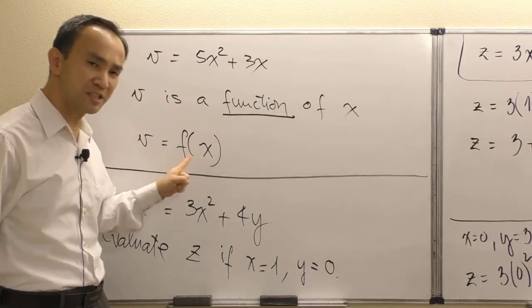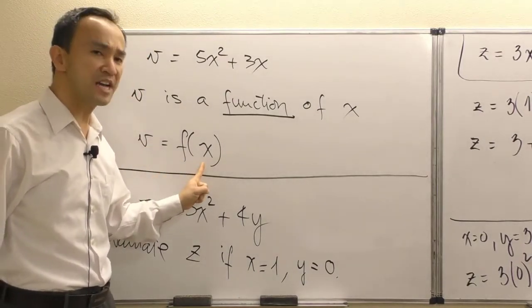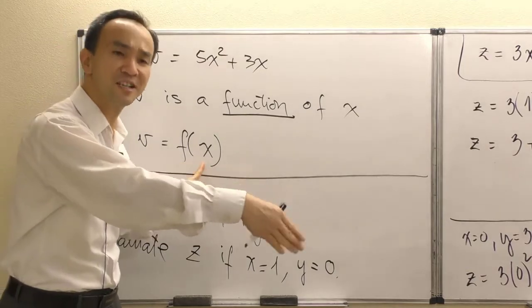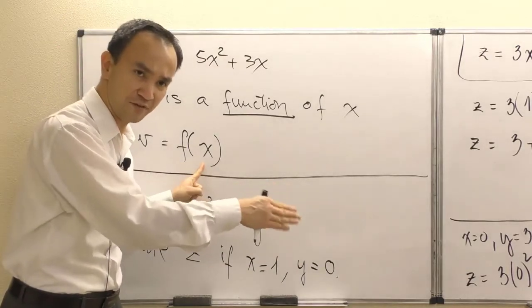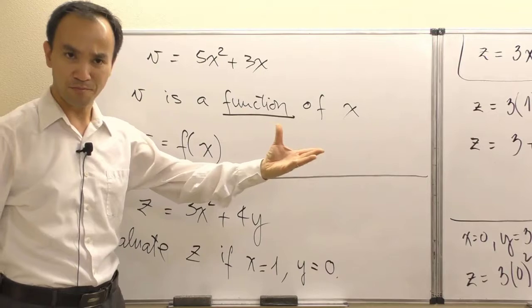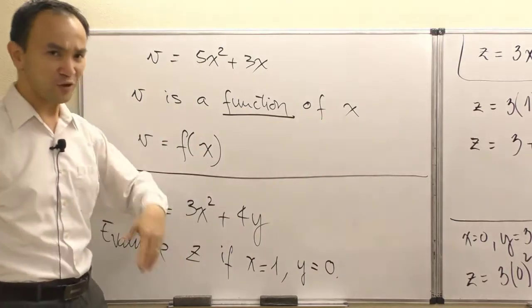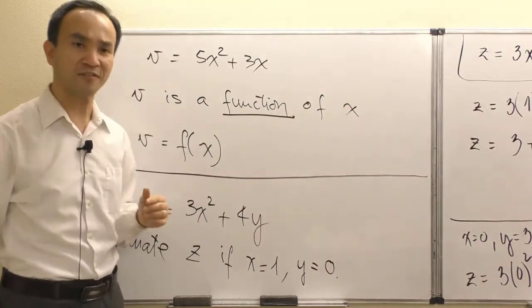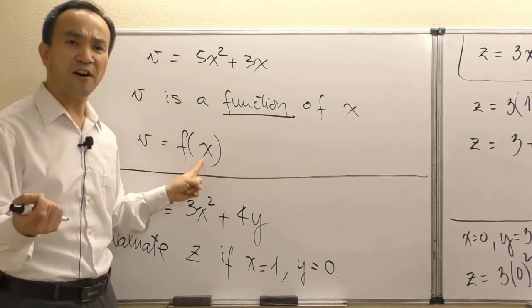So this is input, this is output. In the old days, up to any point prior to learning this concept, multivariable function, that's what I refer to as the old days.